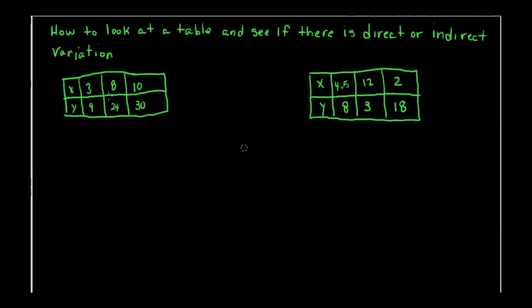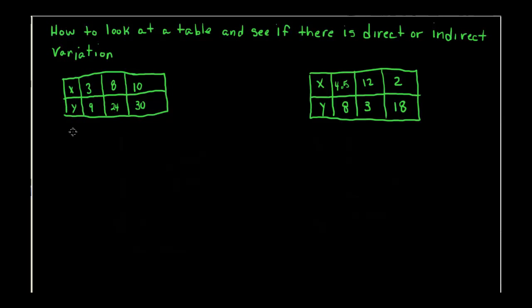Let's look at how to look at a table and see if there is direct or indirect variation. I've created two tables. We will look at both tables. If there is direct variation, there is a common ratio in the table.